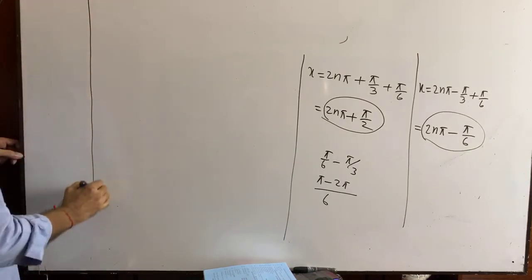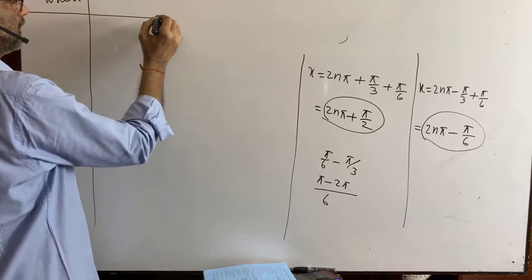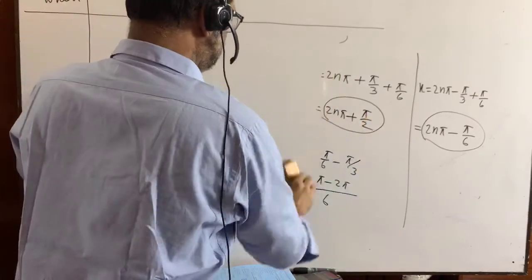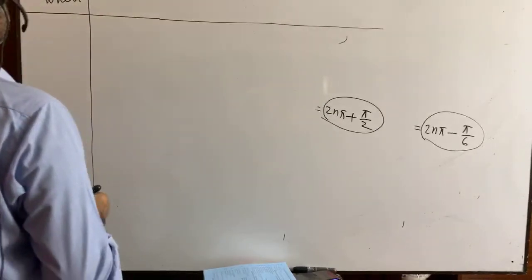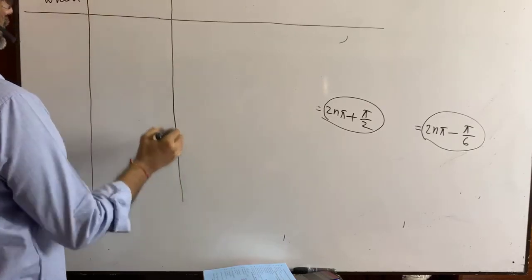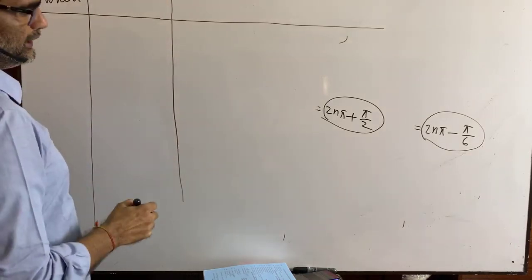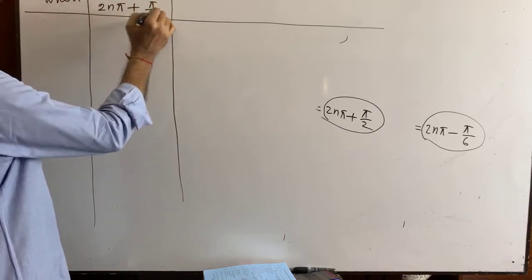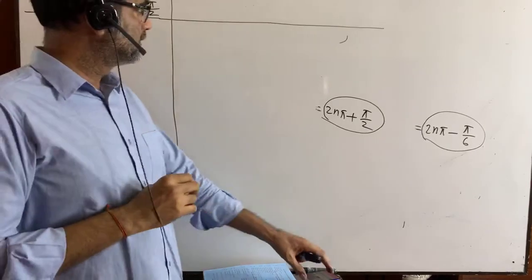Write down like this. In this way, the value of the first one, 2n pi plus pi by 2. Can you see the board?